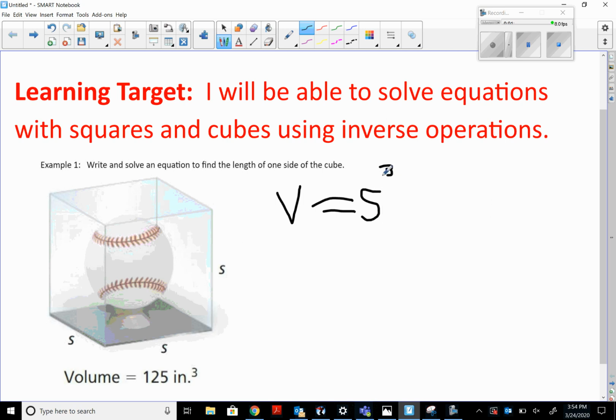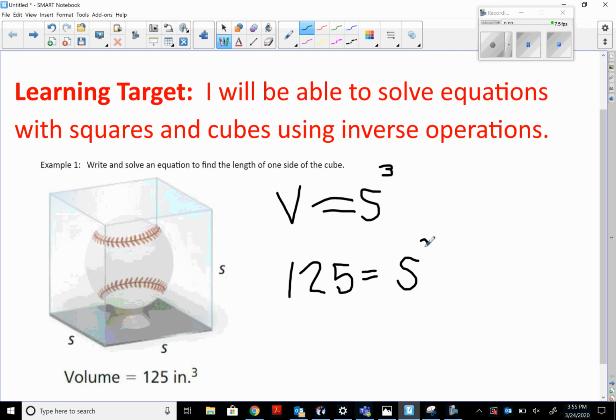Okay? So in this problem here, we have been given the volume. The volume is 125, and we are trying to find the length of the side. So I'm going to go ahead and put the 125 in the place of the V for volume. And now my goal is to solve this equation for S.